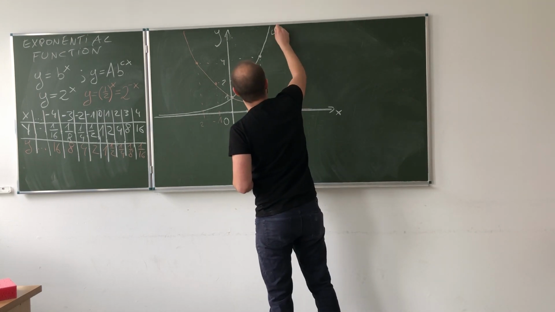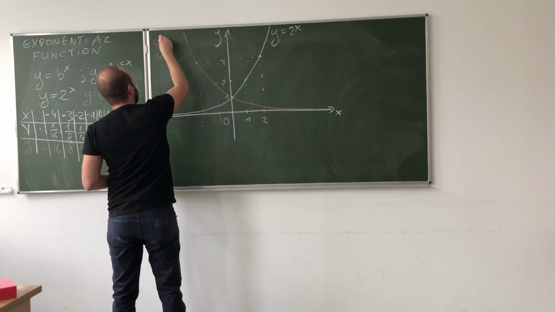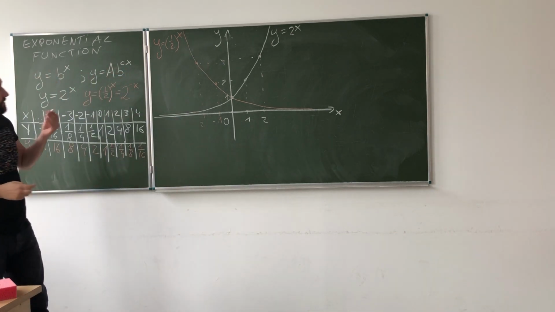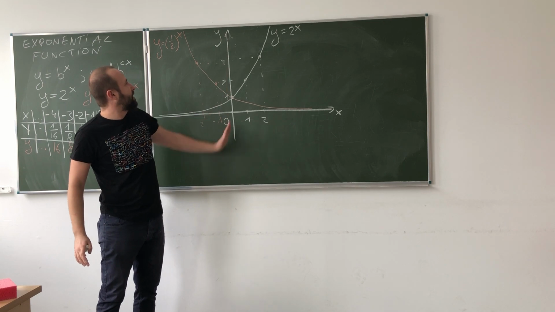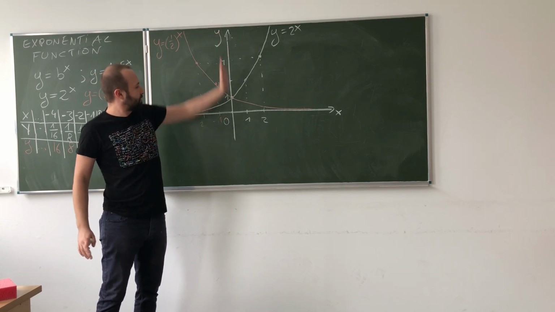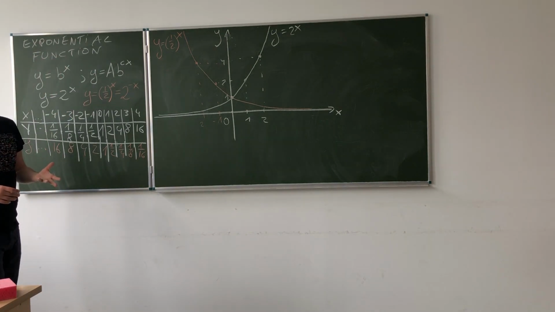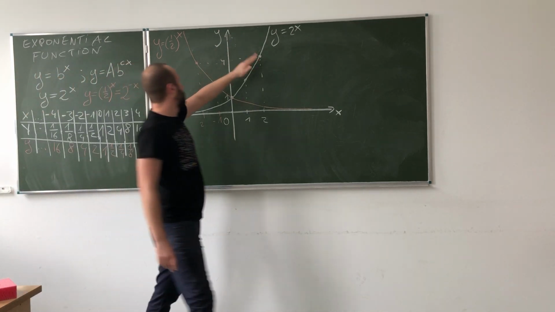So here we've got y equals 2 to the power of x, and here we have y equals 1 over 2 to the power of x. We clearly see that if we think about the y, or vertical axis, as a mirror, this mirror reflects what we've got on the other side.